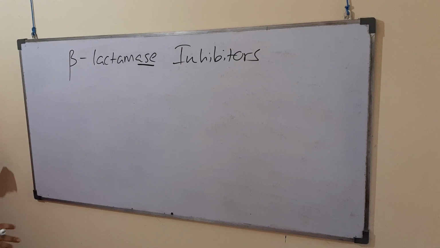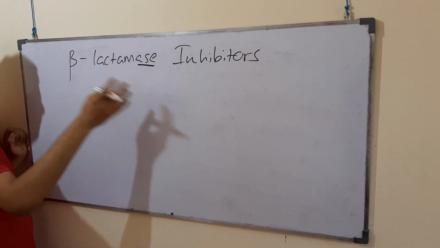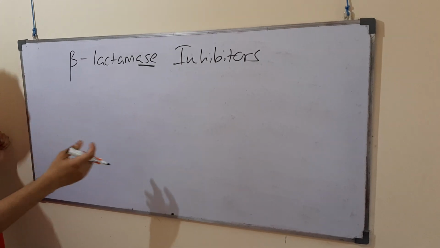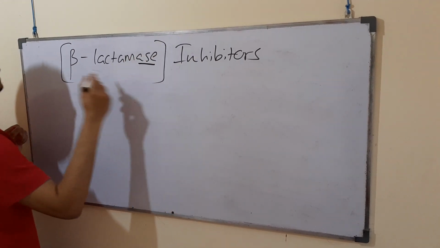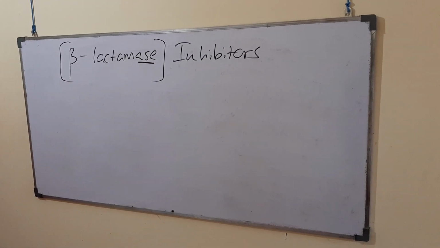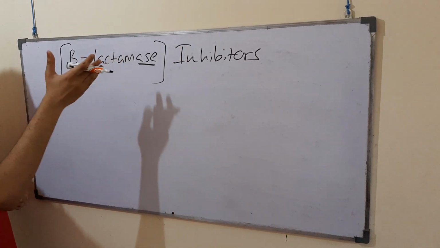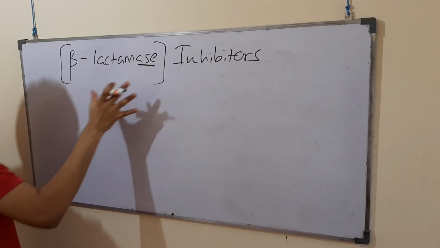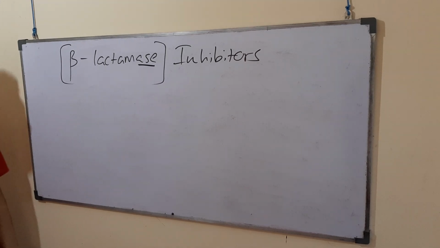So to give you a rough idea about this topic, it means certain molecules which have the capability of inhibiting a particular enzyme known as beta lactamase. Beta lactamase inhibitors inhibit the beta lactamase enzyme, which is actually being produced by certain microorganisms which infect the human body.